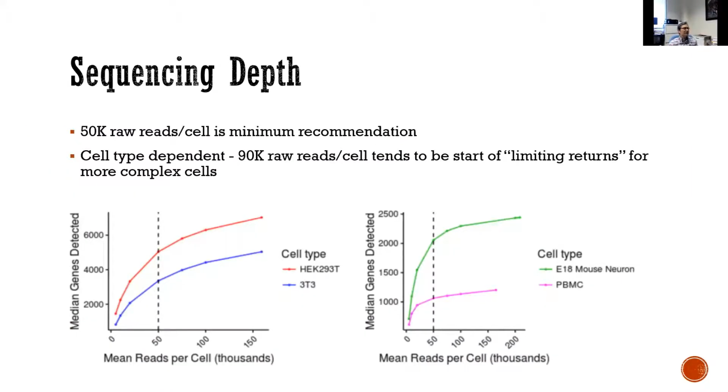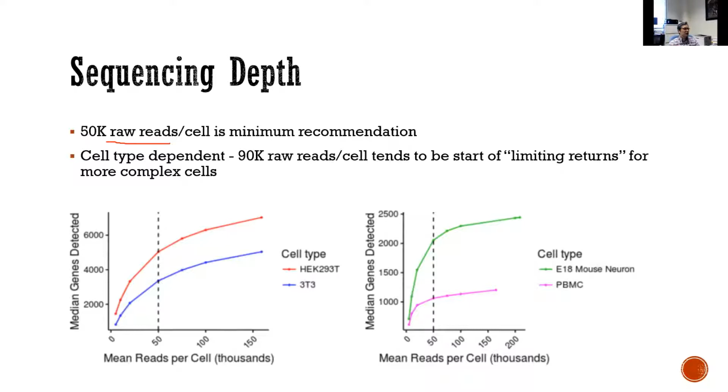Another thing you want to consider is the sequencing depth. We recommend you sequence 50K per cell, that's 50,000 raw reads. So this is a saturation test.